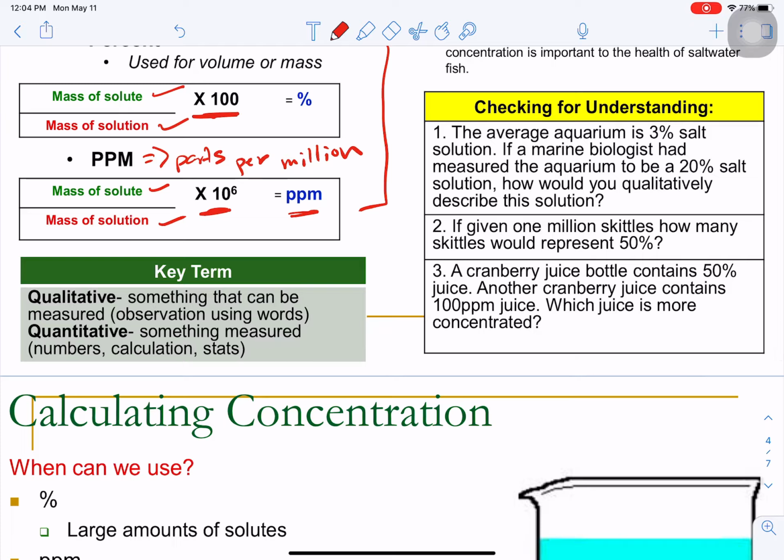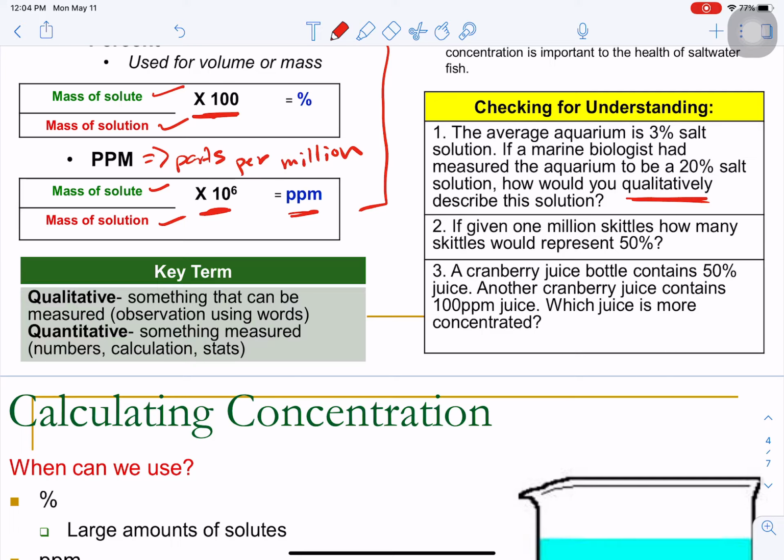The first one says the average aquarium is 3% salt solution. If a marine biologist had measured the aquarium to be 20% salt solution, how would you qualitatively describe this solution? So merely based on observation, how could you express this qualitatively?